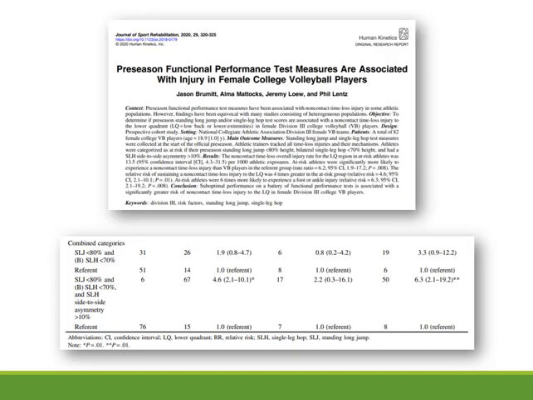So what do we see here? We did the same thing looking at standing long jump, single leg hop, and also trying to look at asymmetries. This again is that data from the 2020 paper, the first 82 volleyball players I ever worked with. Remember, the statistically significant findings were 4 to 6 times greater risk for all injuries or for foot and ankle injuries.